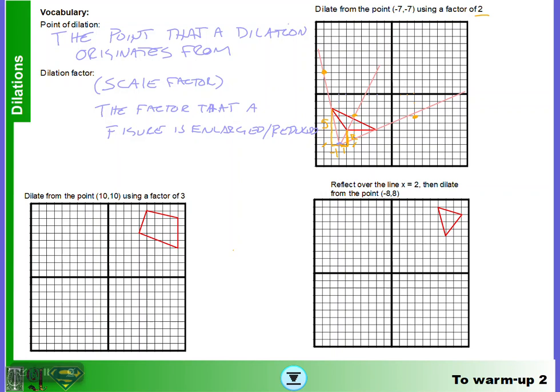You can confirm that? Okay. So just to double check, how far over did we go? We went 1, 2, 3, 4, 5, up 2. So now we're going to go over 5, up 2 from here. 1, 2, 3, 4, 5, 1, 2. And there we go. And so now we're just going to connect the dots.